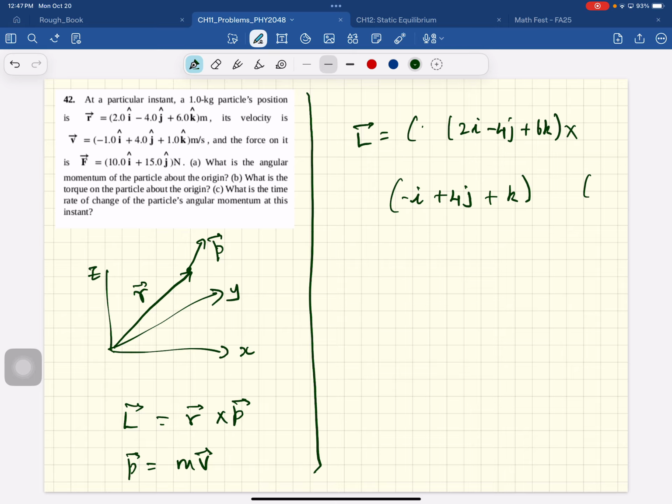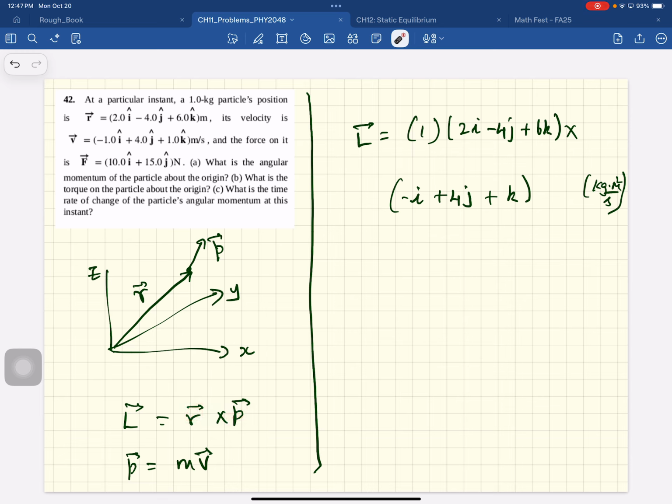The mass is 1, and the units are kg meters per second, so kg meter squared per second. You get kg meter per second from here, and then another meter from here.